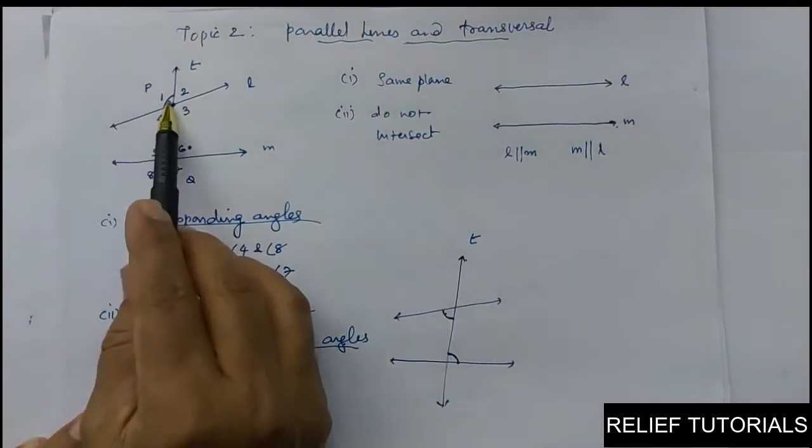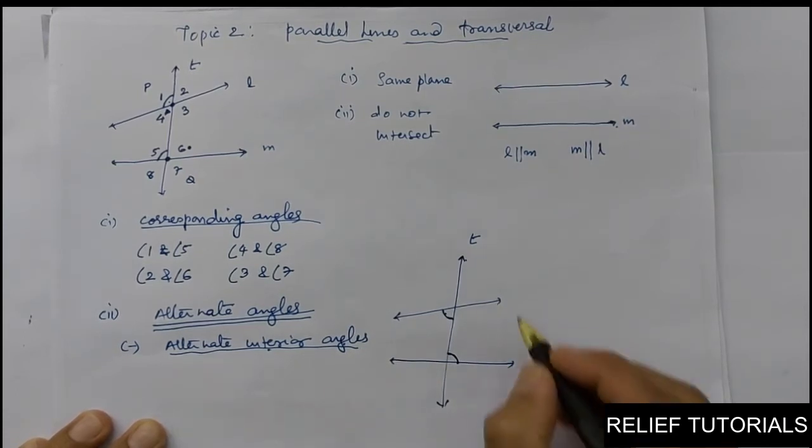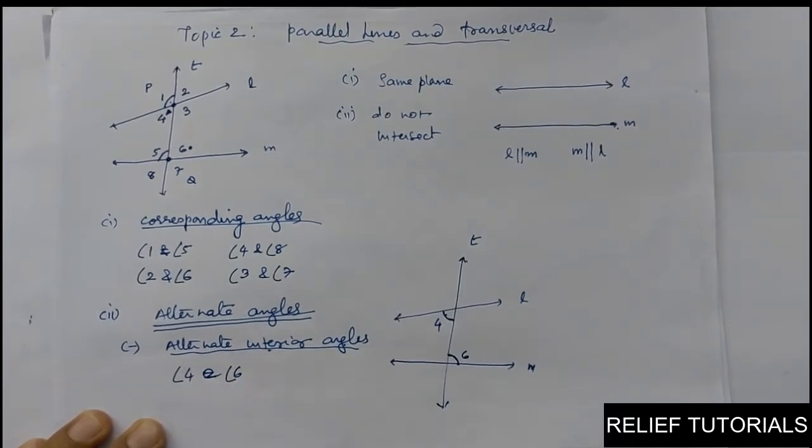Whereas in the case of corresponding angles, they were lying on the same side of the transversal. So we can say alternate interior angles are angle 4 and angle 6.